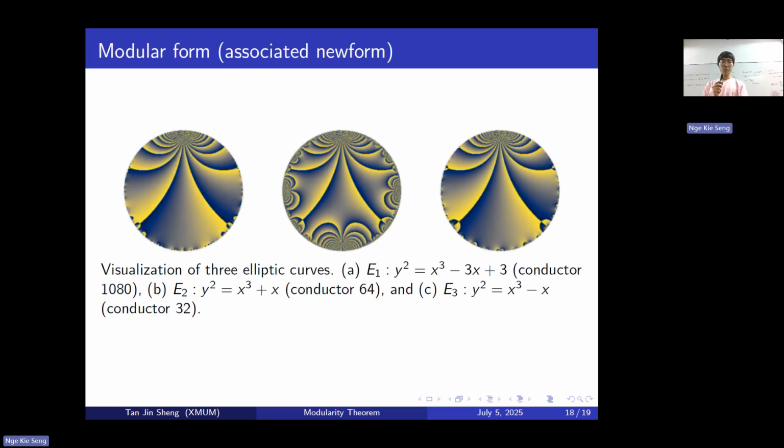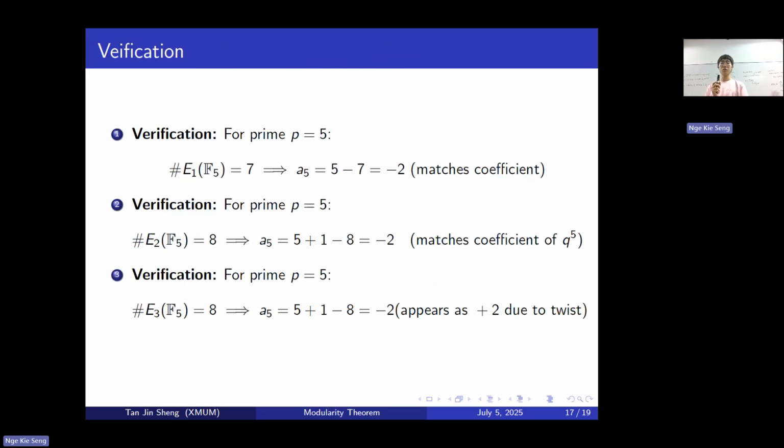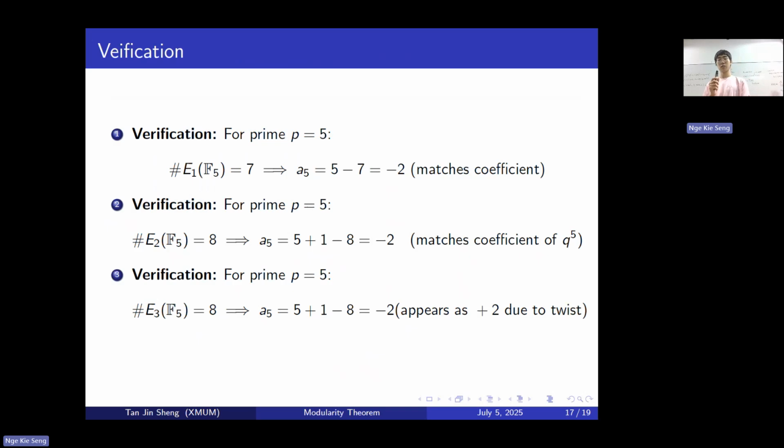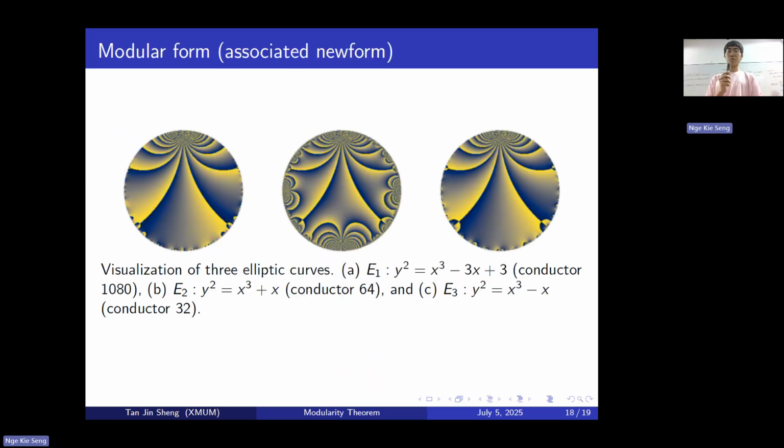What do we mean by twist here? E3 behaves like E2, so they can get the technical part to show this can match. This is a visualization for these three curves.